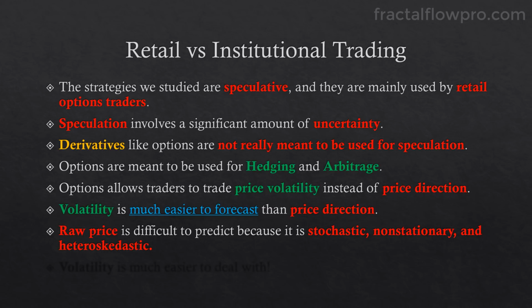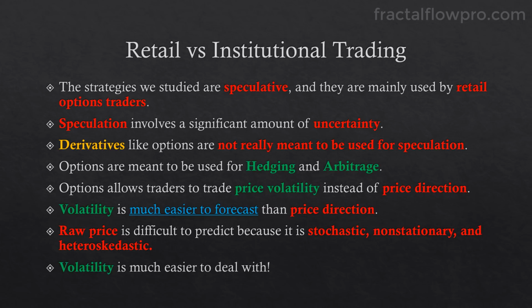Properties like being stochastic, meaning that the price of a financial asset is subjected to random shocks, being non-stationary, meaning that the price of a financial time series has variable mean and variable standard deviation, and the fact that the price of a financial asset is also heteroscedastic, meaning that its variance varies across time. These properties make the effort of predicting the future price of a financial asset a very difficult task.